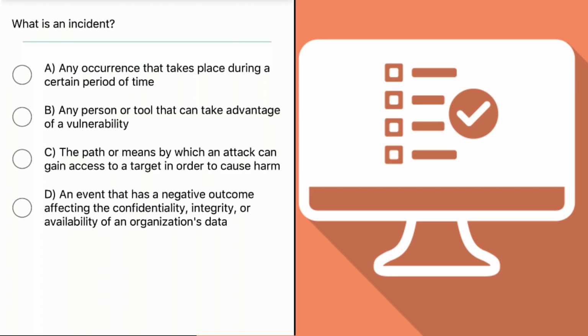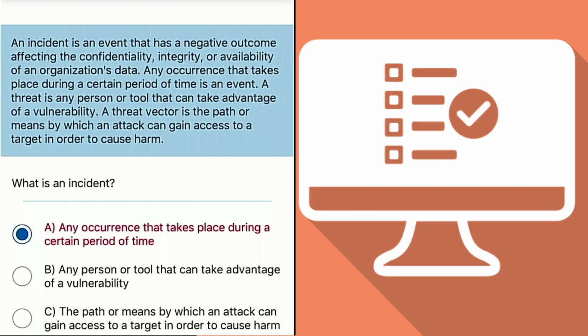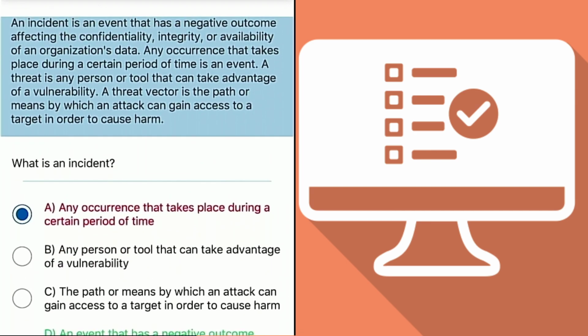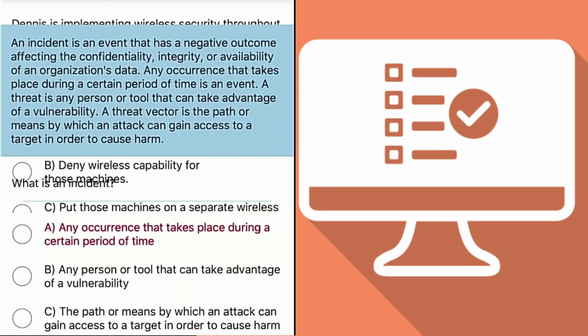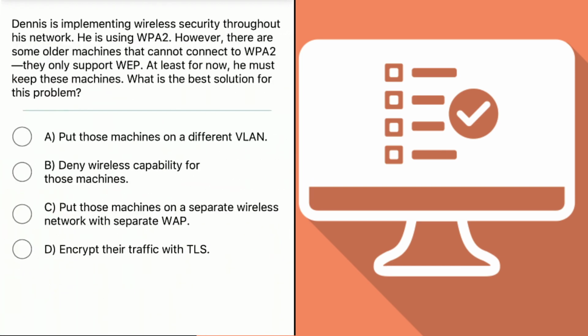What do you think is the best answer here? Alright, I go for A. Let's see. Oh, I'm wrong. The answer is an event that has a negative outcome affecting the confidentiality, integrity, or availability of an organization's data. So the right answer is D in this question. What is an incident? Alright, let's go to the next question.